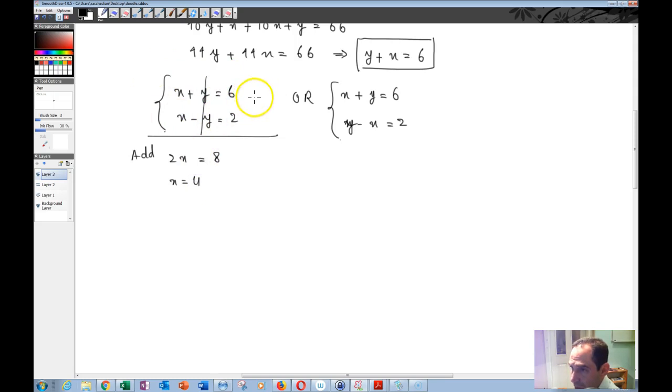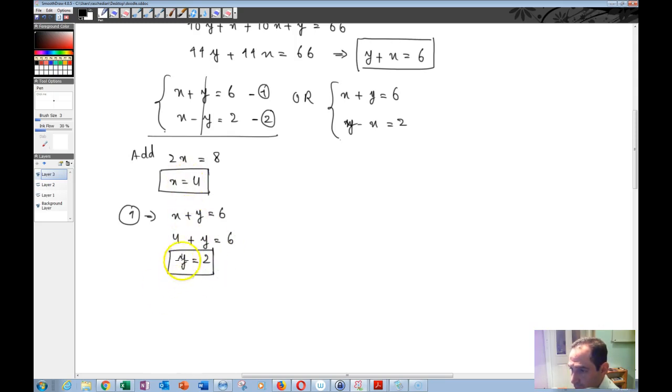And then take any of these equations, for example x plus y is equal to 6. Then your x is equal to 4, plus y is equal to 6. So y is equal to 2. So here your x is equal to 4 and y is equal to 2.